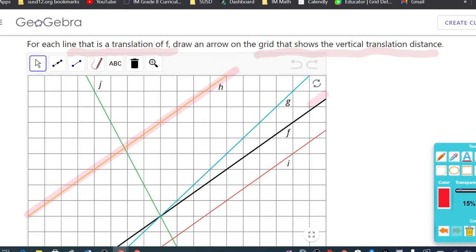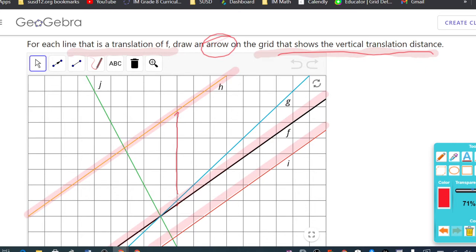H, F is our original line, don't forget, and I, they have what appears to be the same slope. Now draw an arrow on the grid that shows the vertical translation distance. Okay, so from line F, I'll just pick any point here and go straight up to H.